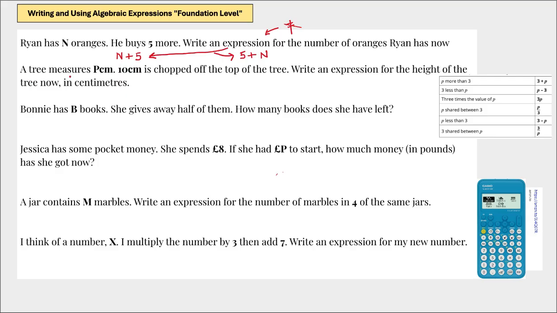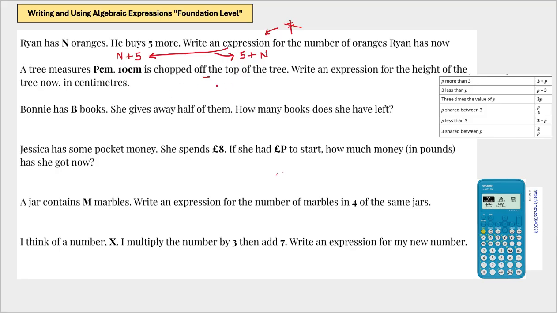A tree measures P centimetres. 10 centimetres is chopped off the top of the tree. It's asking you to write an expression for the height of the tree now in centimetres. So what's happened? We haven't got more than, it's been chopped off the top of the tree. So it's going to be a minus, because it's chopped off, it's no longer there.